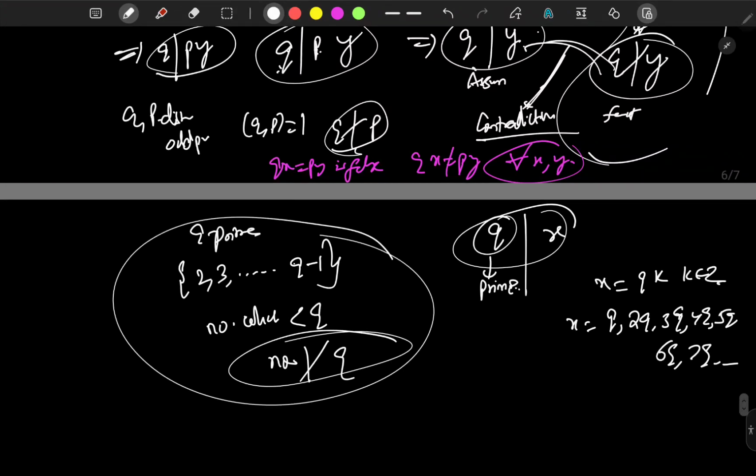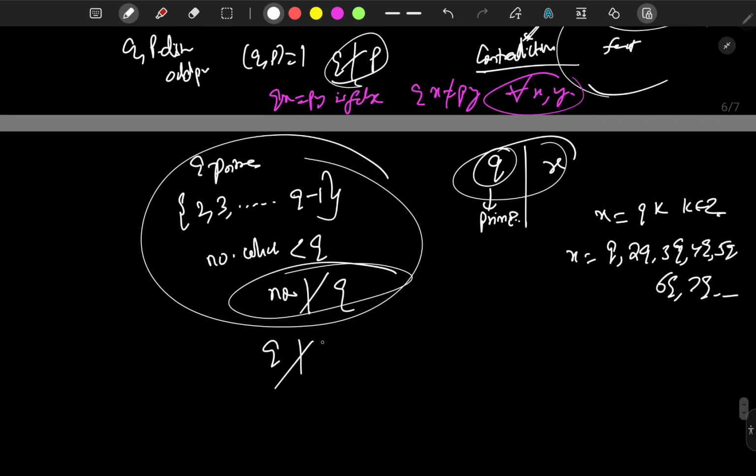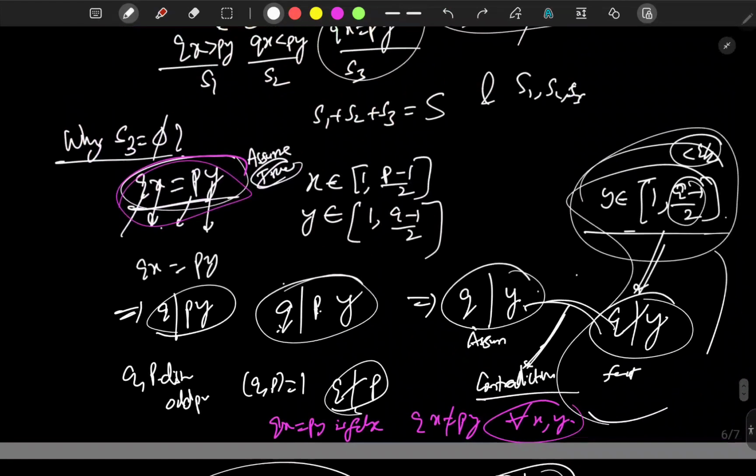That's the beauty of this fact. Similarly, q doesn't divide numbers less than it. It's like saying, can 37 divide 18? No, right? That's what I mean. I'm not rubbing this out; you can see it later afterwards.